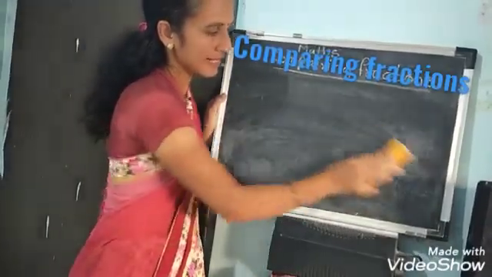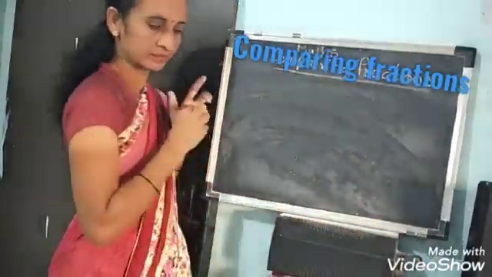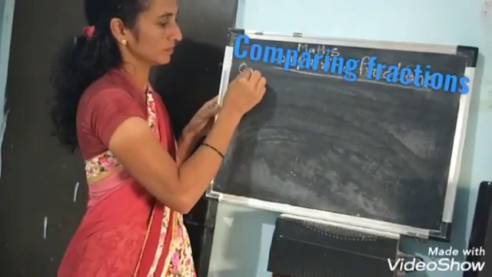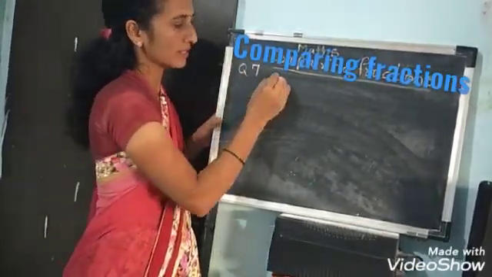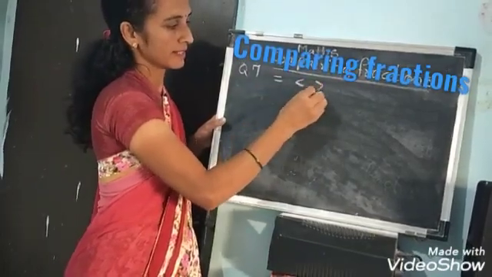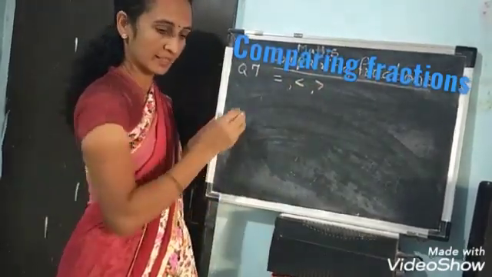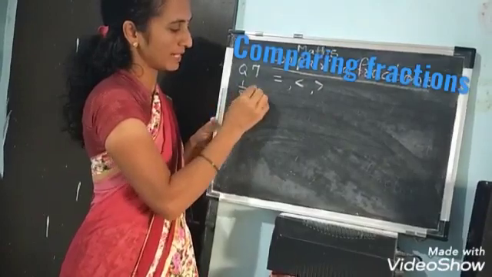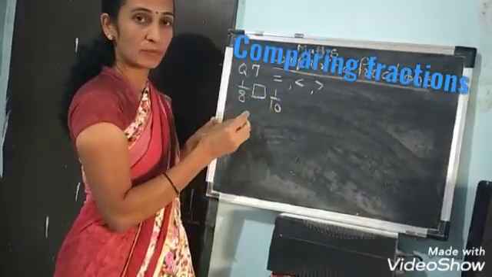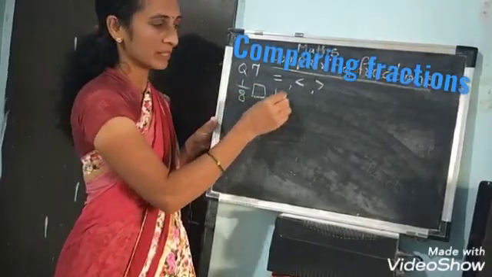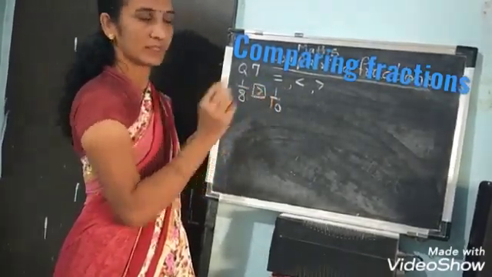Question number 7. Fill in the boxes with these three symbols. You have to use these three symbols. First one, 1 upon 8, 1 upon 10. Which symbol will be there? 10 is bigger, but this fraction is smaller.